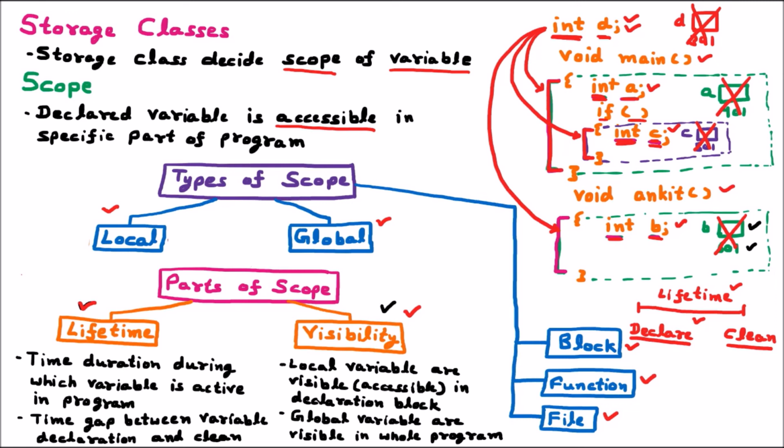Then int B is accessible inside the boundary of the function Ankit only. These are local variables, visible locally where they are declared. Then the global variable like int D is accessible throughout the program, everywhere. So that is all about the scope of a variable.